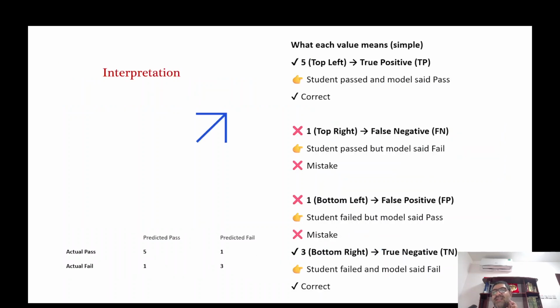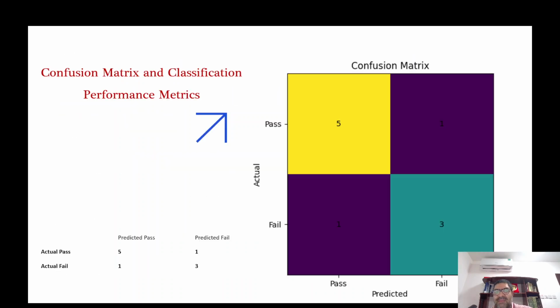If you see this particular slide now, I had actually taken this slide a little earlier. So what each value means: 5 top left is true positive, students passed and the model said pass. Coming back, it's the 5 students who were actually passing and the model said that they'll pass.